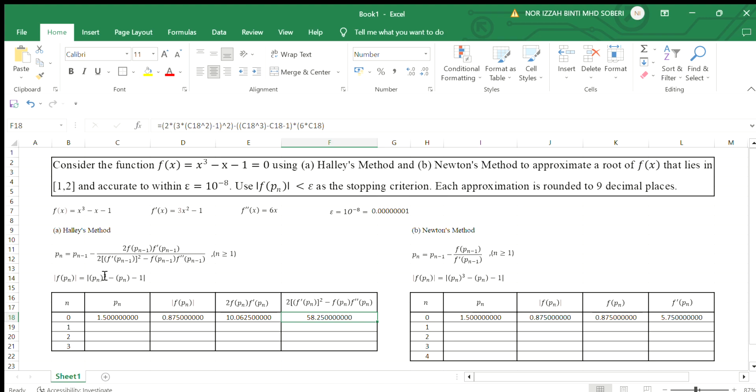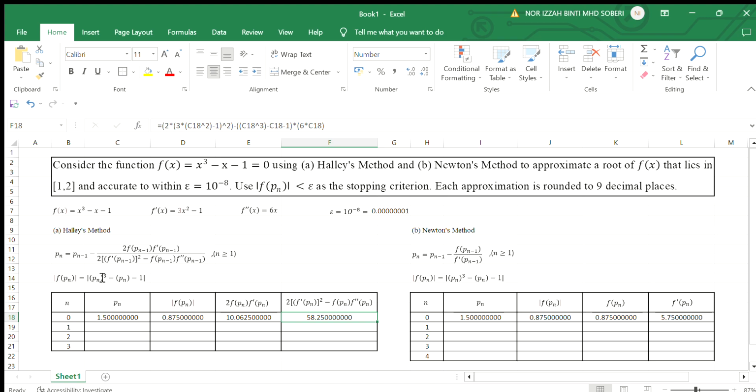And for the stopping criterion, we get absolute f(Pn) equal to absolute Pn cubed minus Pn minus 1. If you see in this formula, we get it from f(x), f prime x and f double prime x. I just substitute x with Pn minus 1 and Pn here.